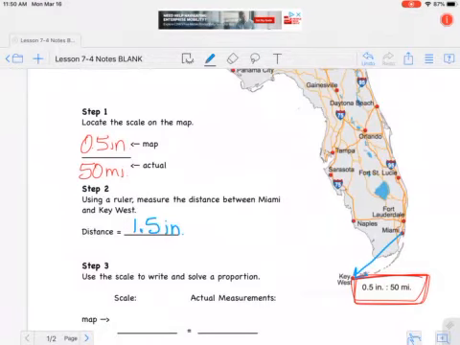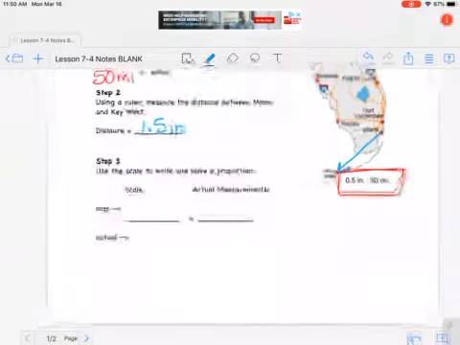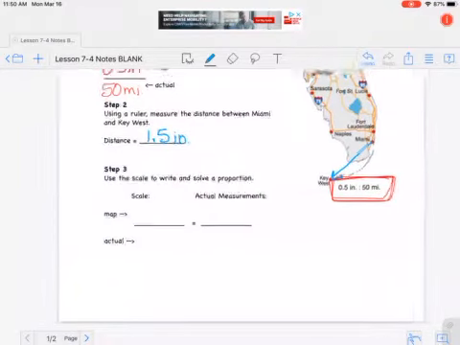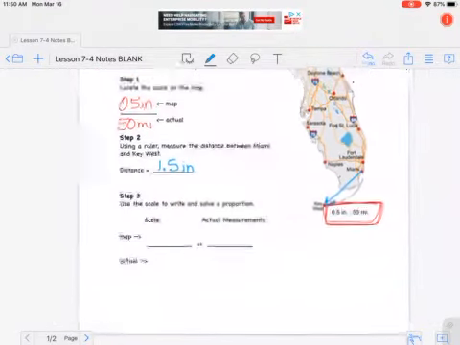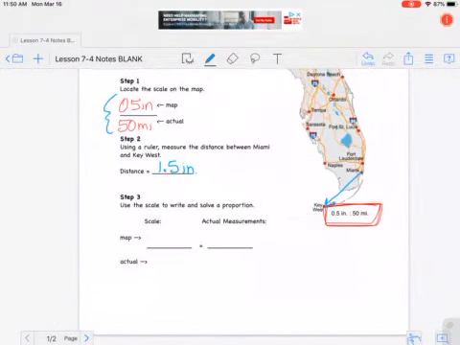Okay. So for step 3, it says use the scale to write and solve a proportion. So our scale is our first step that we actually did, and we're going to put that into our proportion. So we have 0.5 inches as our map, and our actual is 50 miles.